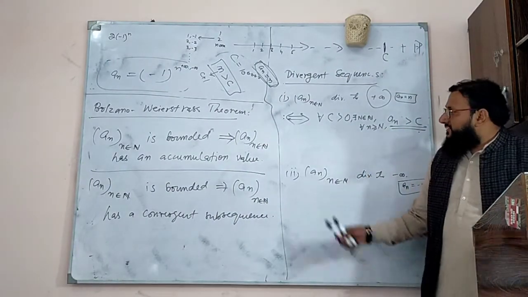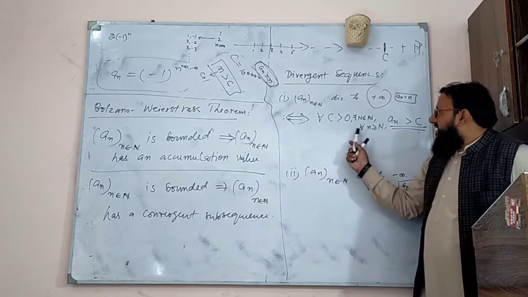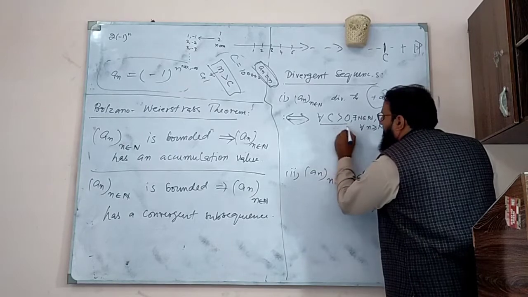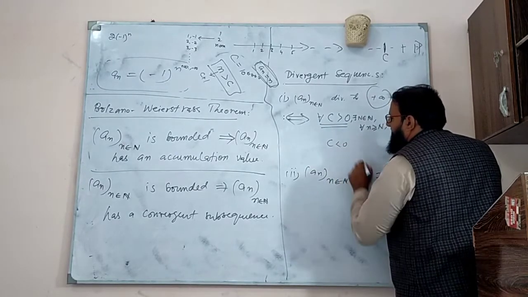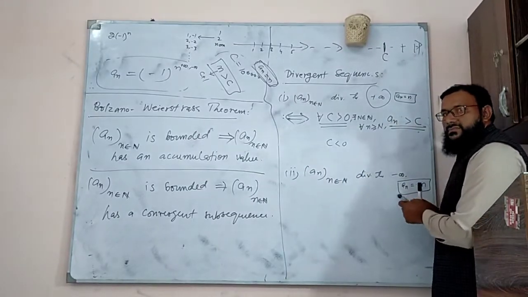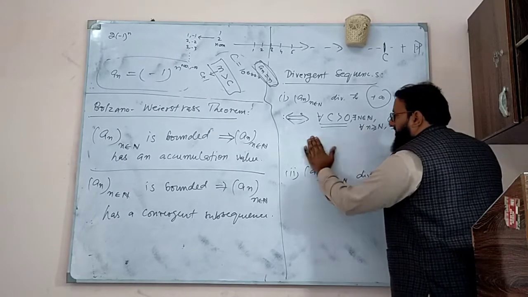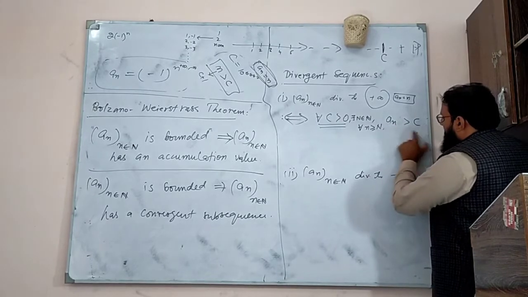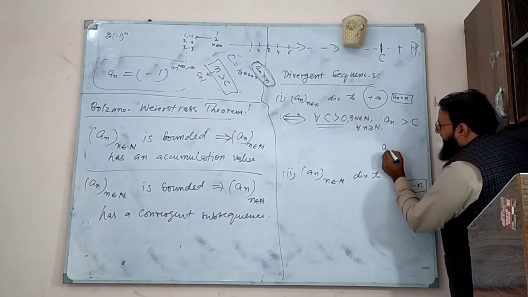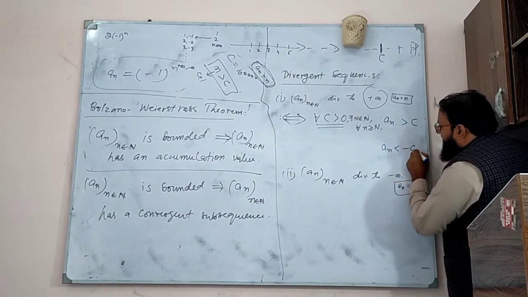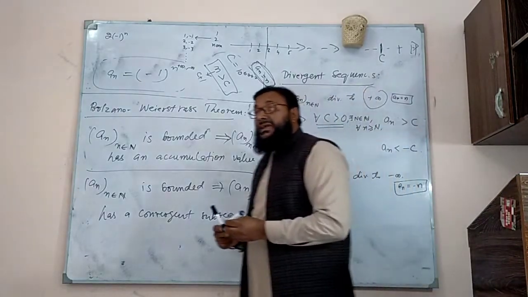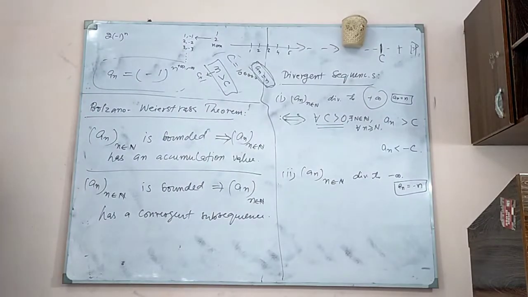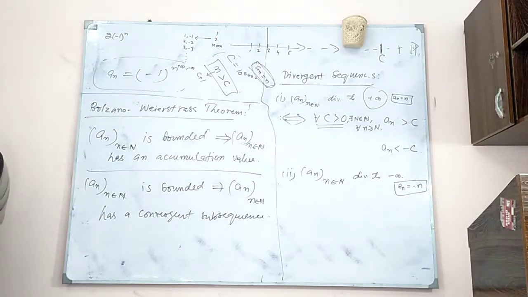What do you mean by divergence to minus infinity? How will you reformulate this? For all C positive, keep it the same, just change this thing. The terms of your sequence are less than negative C, because you are saying that your sequence diverges to negative infinity.